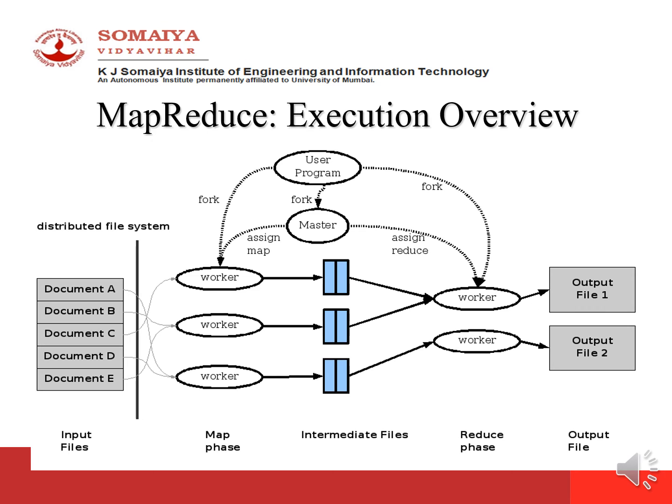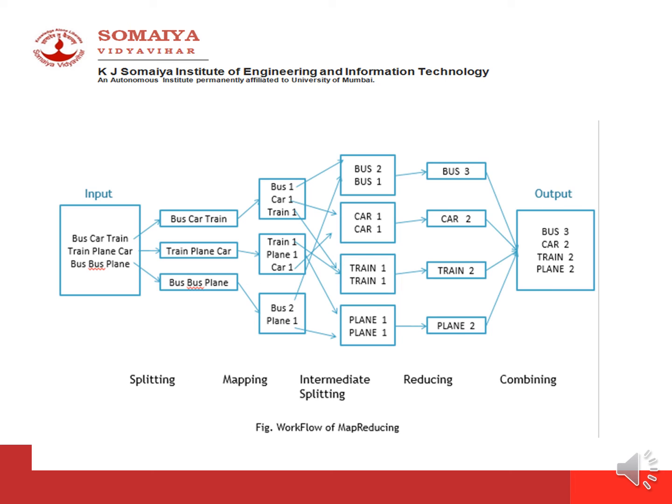The master node coordinates the working of map workers and reduce workers. The thing will be more clear with this particular presentation. So actually we are dealing with some input and we are trying to show the data flow for different MapReduce phases and finally how the output is generated.